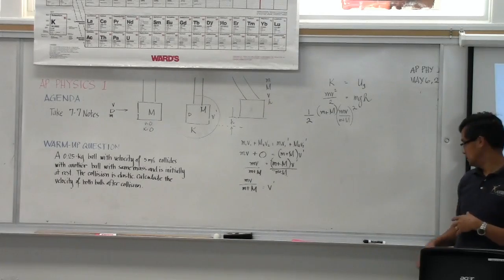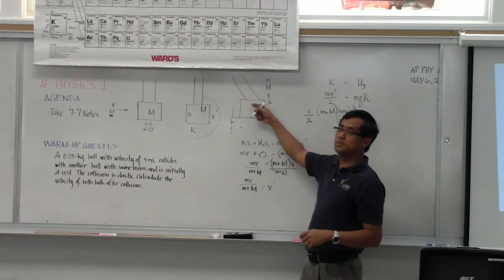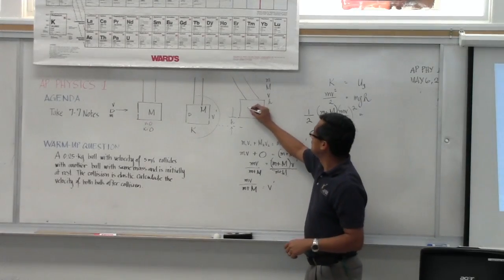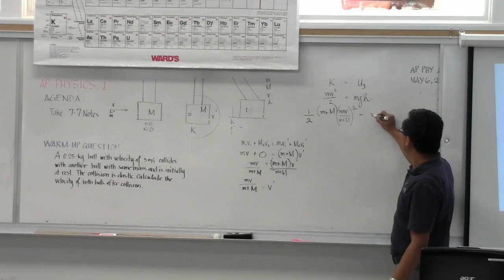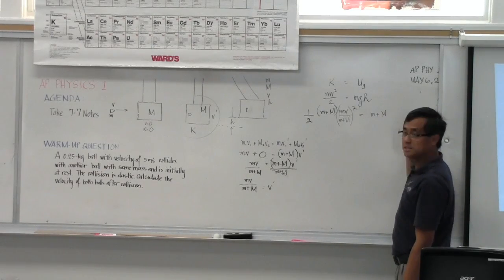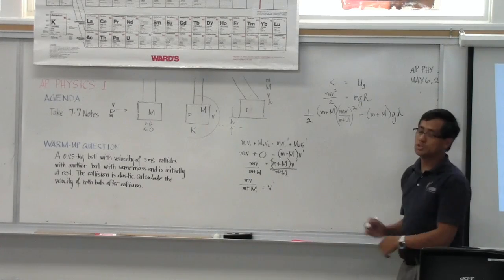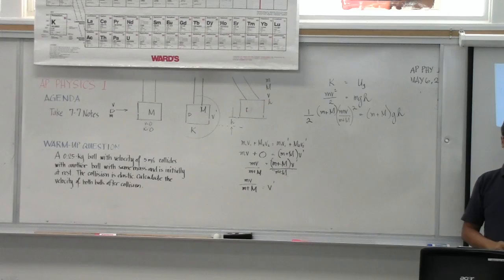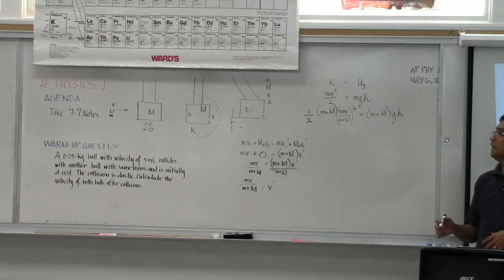Now, what is the mass up here? It's going to be lowercase m plus uppercase M, and then it would just be g and h. Practically, we're just solving it algebraically here. No numbers.